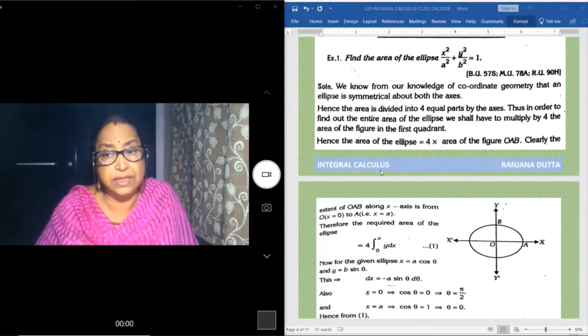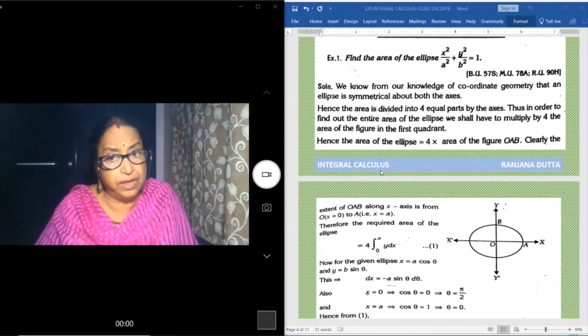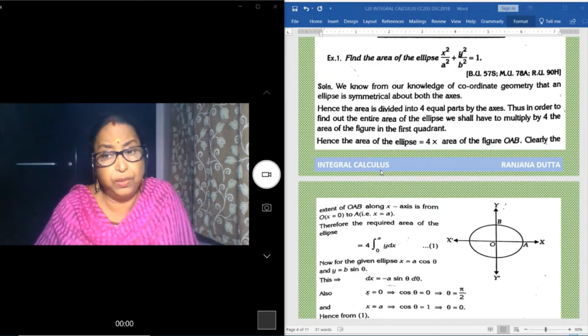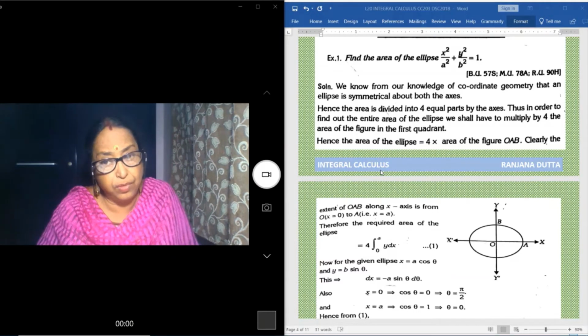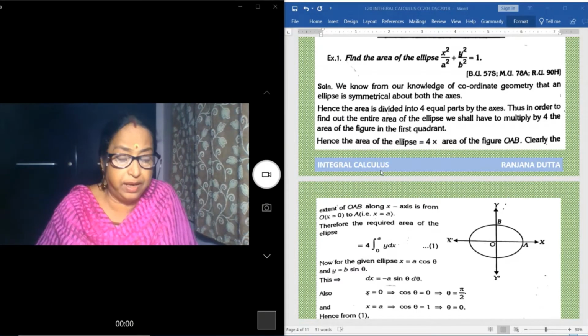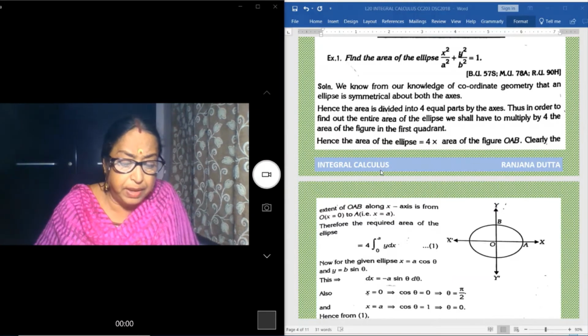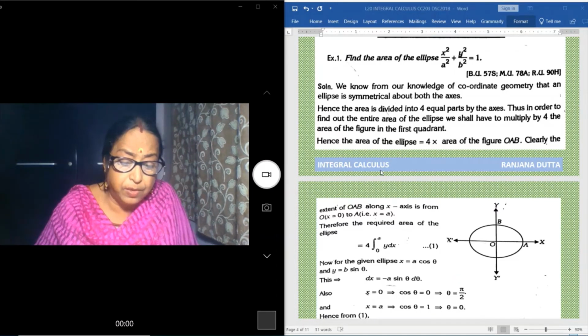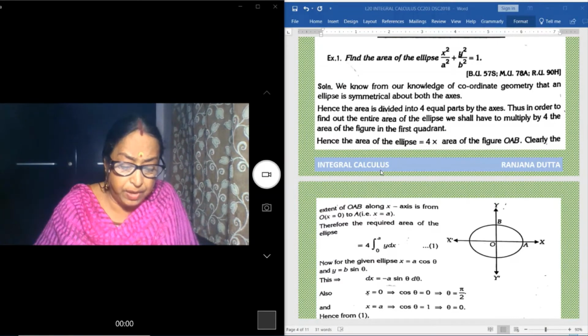Here you can see the four areas are equal. So you can find the area of any one of them and multiply it by 4 to get the whole area of the ellipse. So here the limit for x is 0 to a and 4 times y into dx.